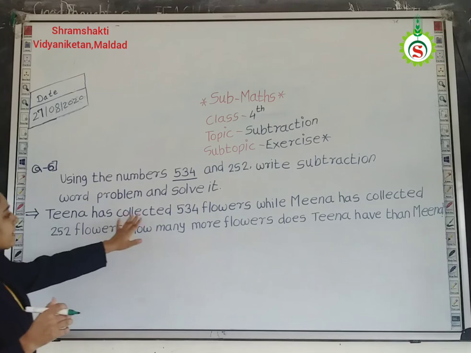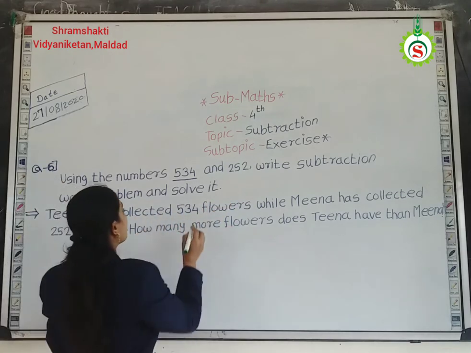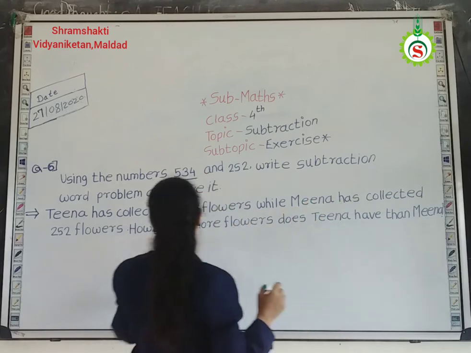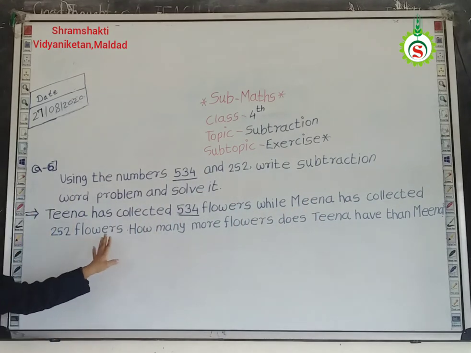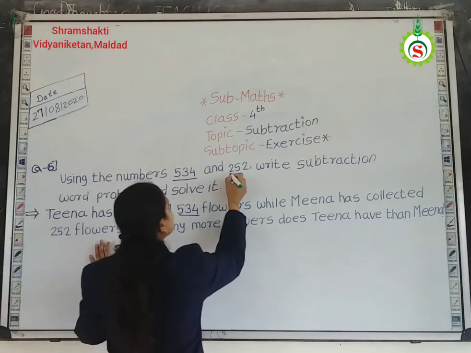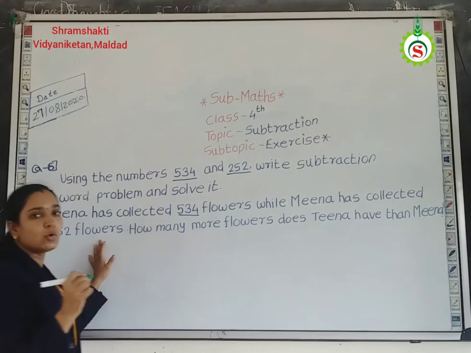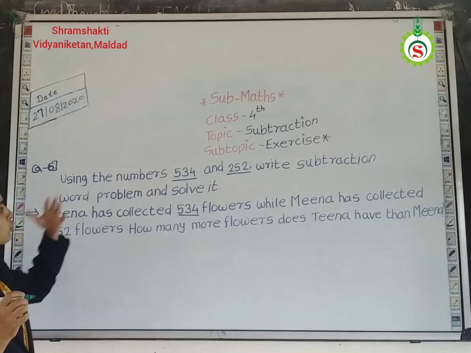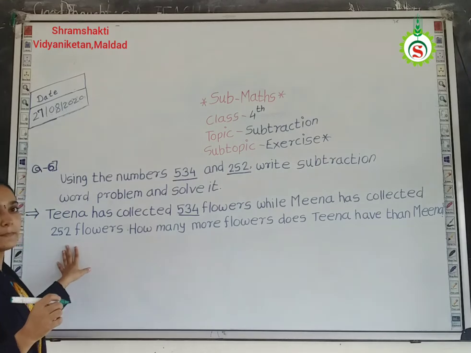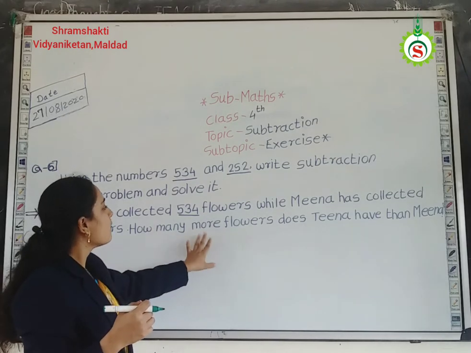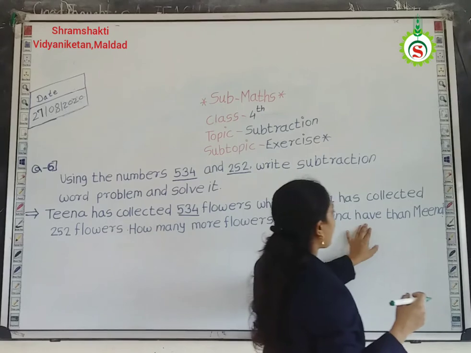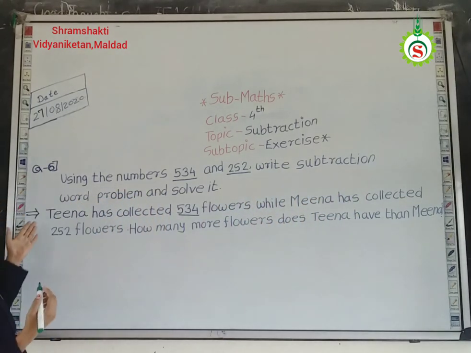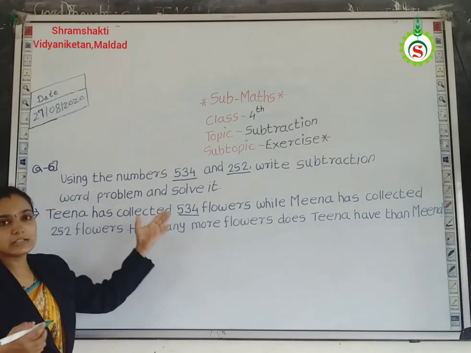Then, Meena has collected 252 flowers. Here the next given number is 252. So, how many more flowers does Tina have than Meena? We made this problem and now we have to solve it.